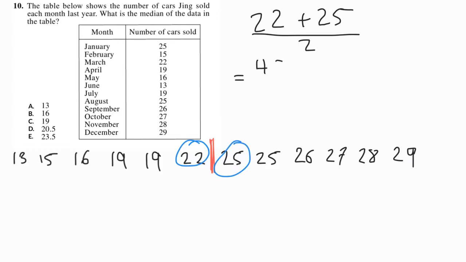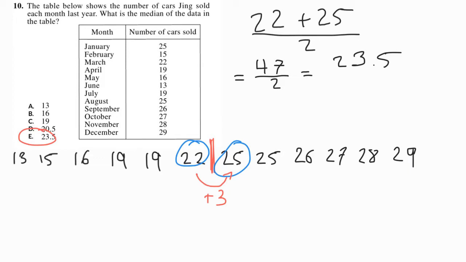Equals 47 divided by 2 equals 23.5. So the answer is E. You also could have done that in your head if you think to yourself that there's a difference of 3 between these two numbers, right?